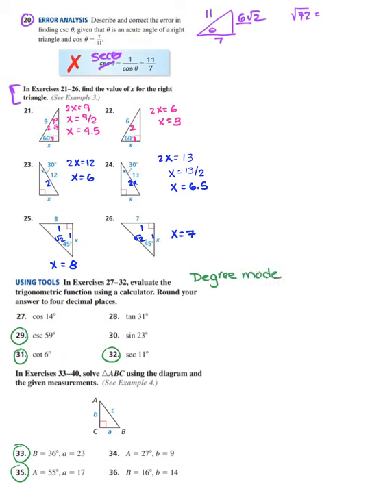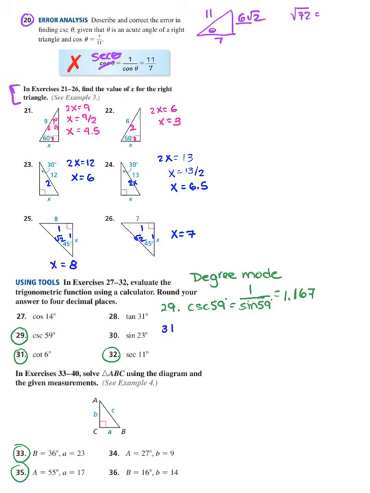To do 29, because cosecant 59 is the reciprocal of sine, you have to actually enter it as 1 divided by sine 59. That's what you're going to do on your calculator. So 1 divided by sine 59 is 1.167. I don't know what decimal place they wanted online, but that's what you would do.